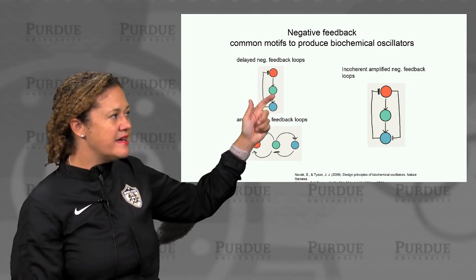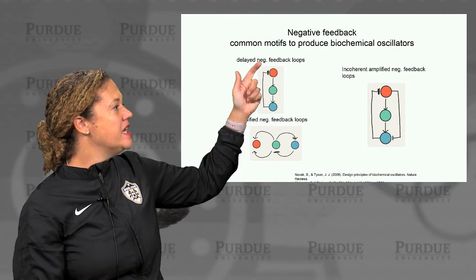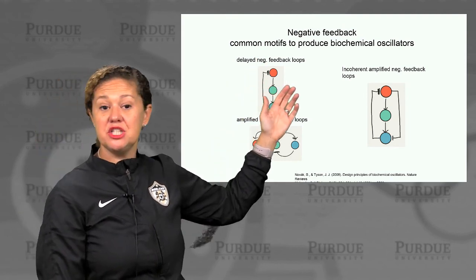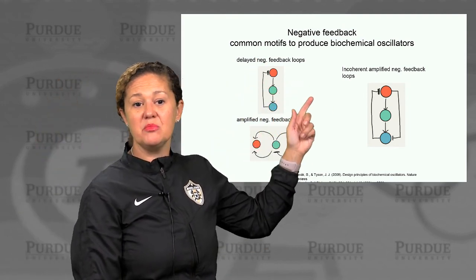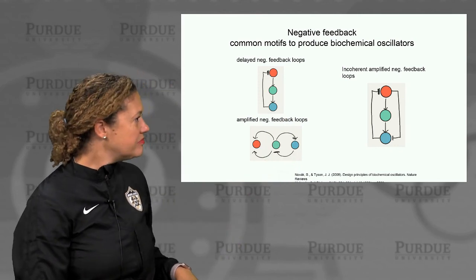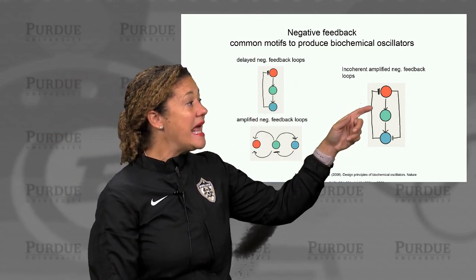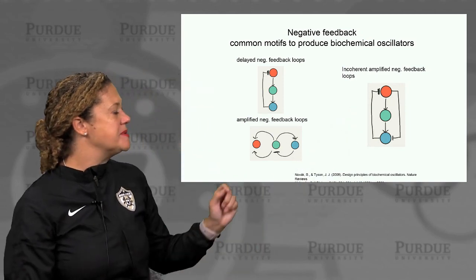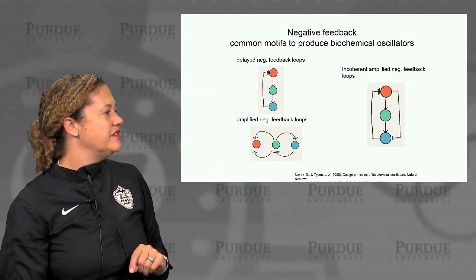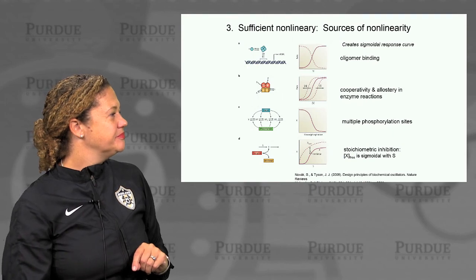So we've added some additional steps via additional, if this were a genetic network, transcription events or multiple genes. Other common motifs include incoherent amplified negative feedback loops and amplified negative feedback loops.